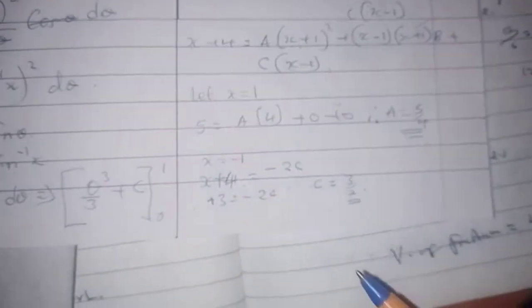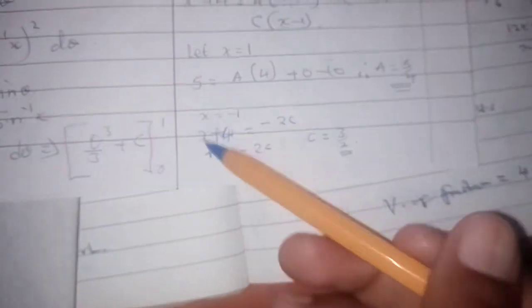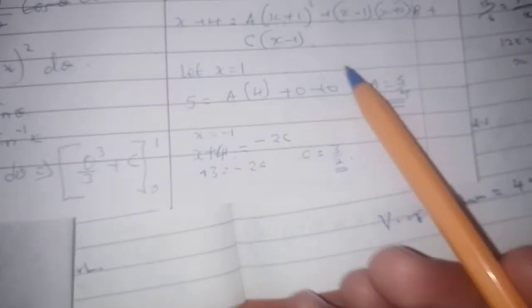So our aim was to remain with 1 unknown. Here we remained with c as the unknown. So let's now substitute with 2.